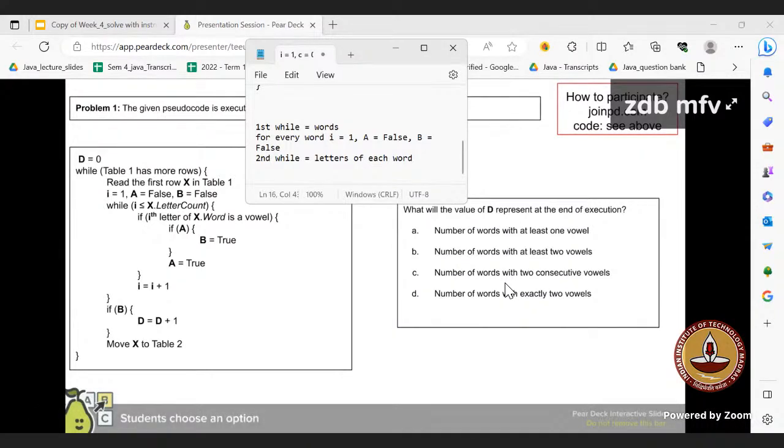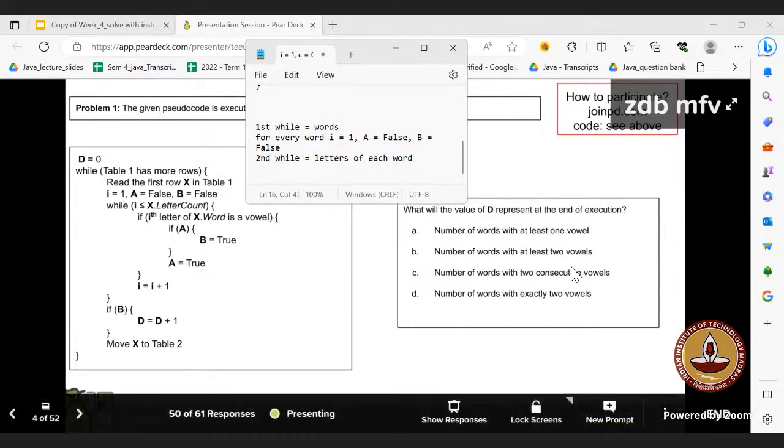Every case should be satisfied. Two consecutive vowels will also come under option B, and they will be counted in option B, but every condition has to be satisfied. Even if the vowels are not consecutive, we are counting, so answer C is incorrect.